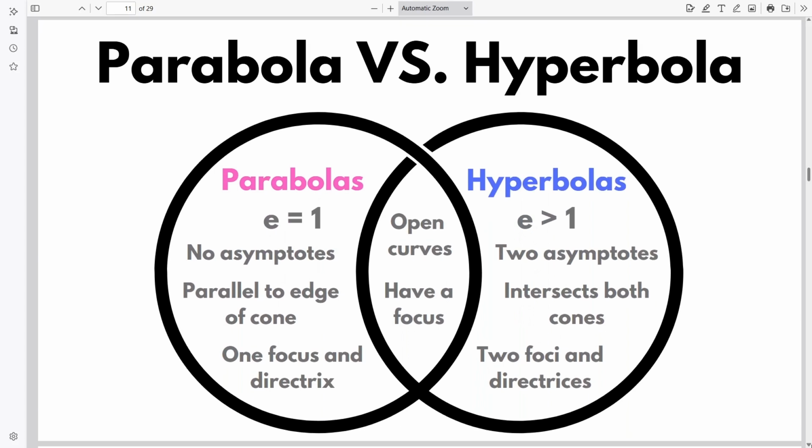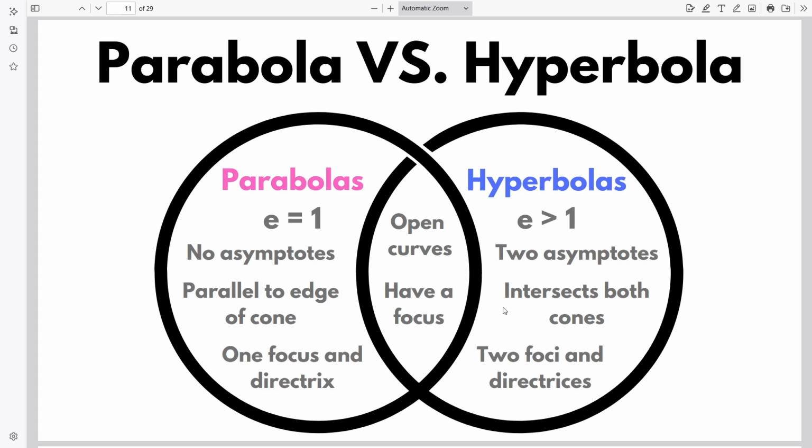So what is the difference between a parabola and a hyperbola? Parabolas, as previously stated, have an eccentricity of exactly 1, and hyperbolas have an eccentricity greater than 1. Parabolas have no asymptotes, whereas a hyperbola has 2 asymptotes. Parabolas are parallel to the edge of the cone, while the hyperbola intersects both of the cones.